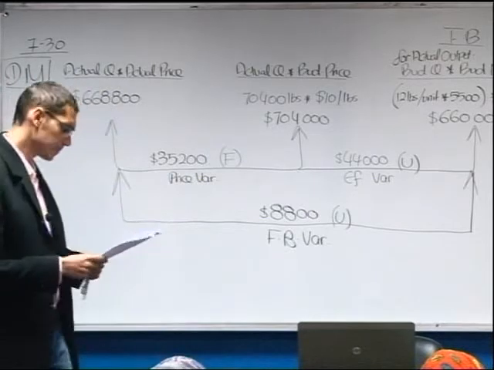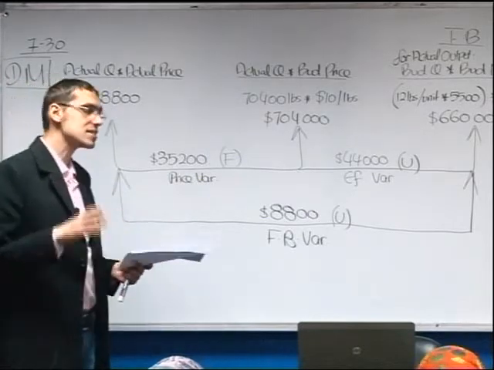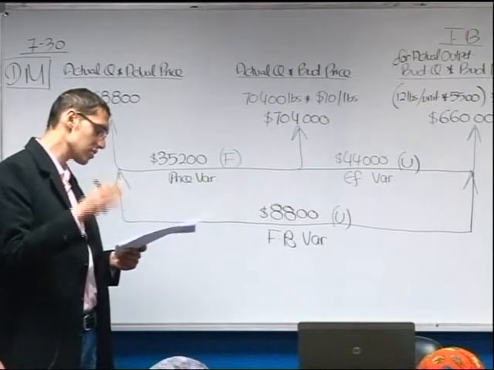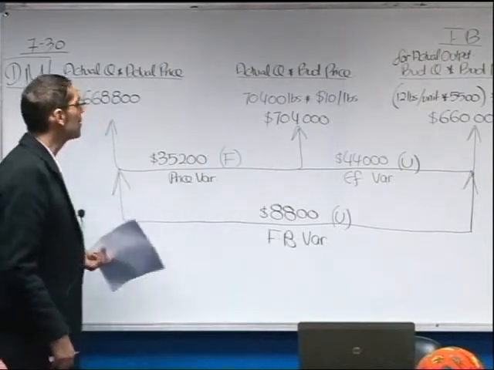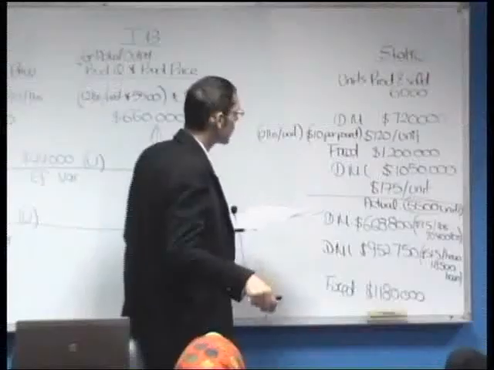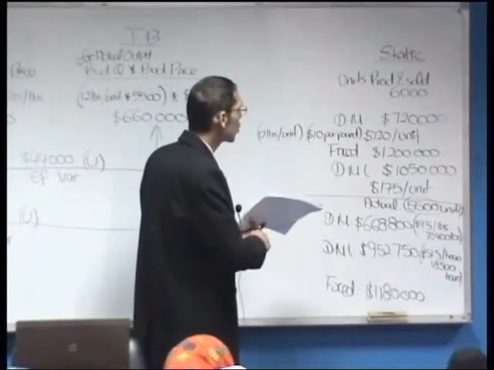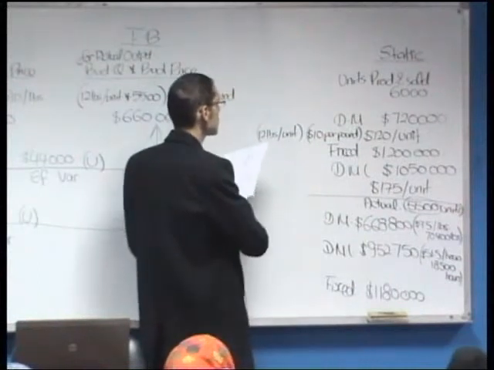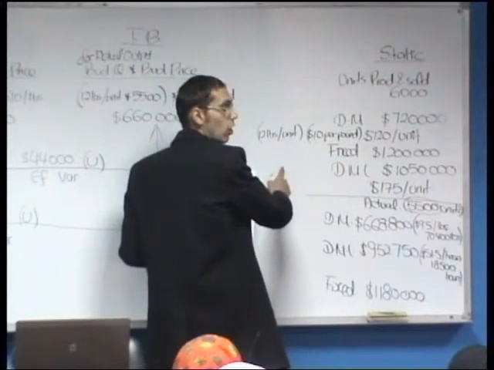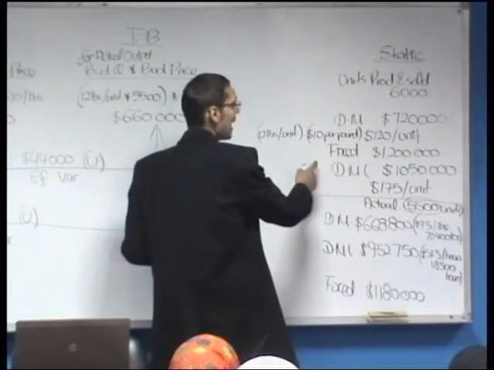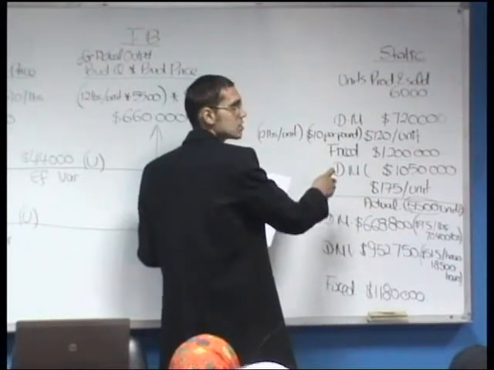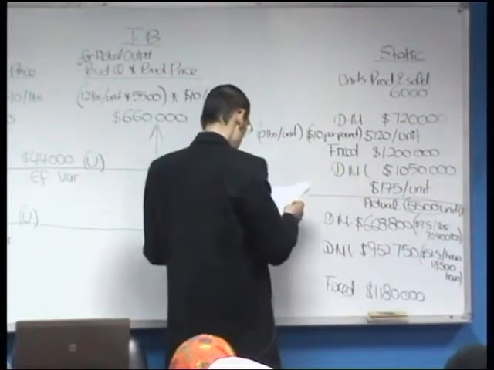Now, we need to perform the same analysis, which is the level 3 analysis, for the direct manufacturing labor. But before entering this analysis, please, from our question, give us the standard number of hours per unit and the price per hour according to our standard from the book.